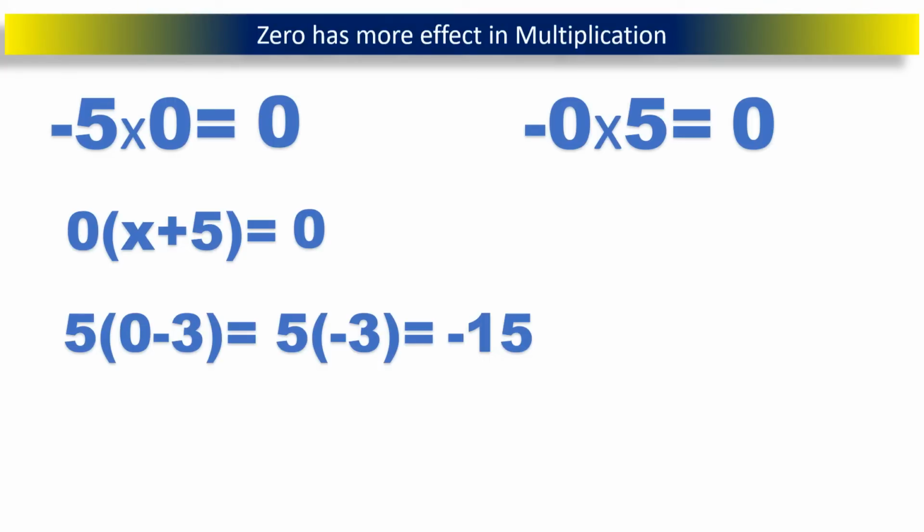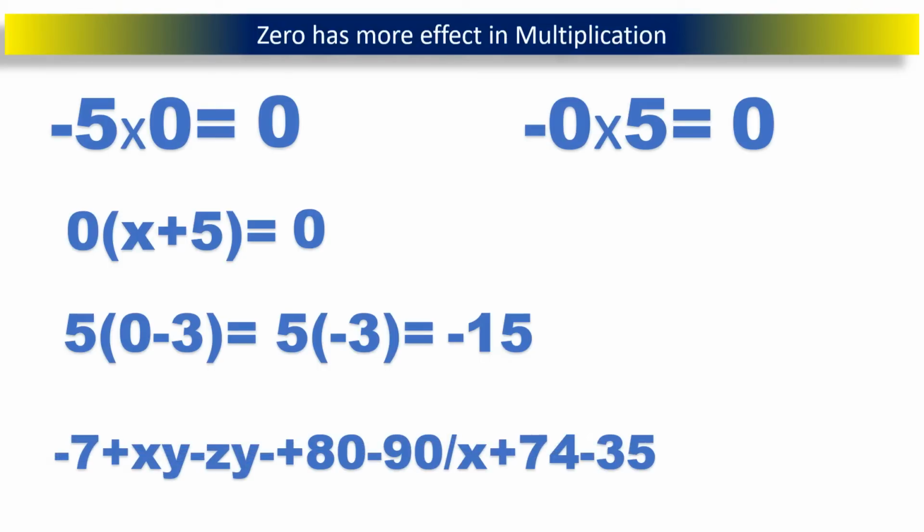If you want to know why we are having this minus here, check out my previous videos on how to handle signs during multiplication and division. Next example: if you have a lot of terms with different operations, for example plus, minus, divide, but at the end you enclose it all inside a bracket and multiply by even a small 0, you will obviously end up with 0.